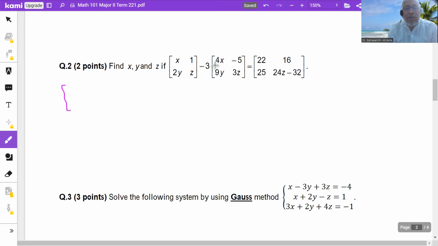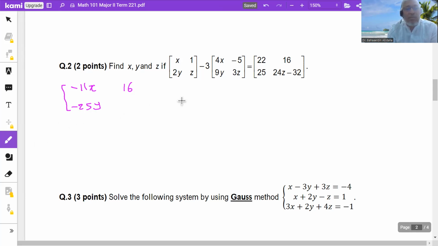That's x minus 12x, which is negative 11x. Okay. And here 1 minus 3 times negative 15, that's 1 plus 15, which is 16. Here I have 2y minus 27y. So 2 minus 27 is negative 25.